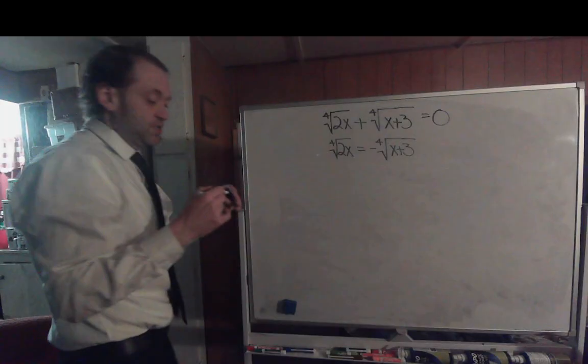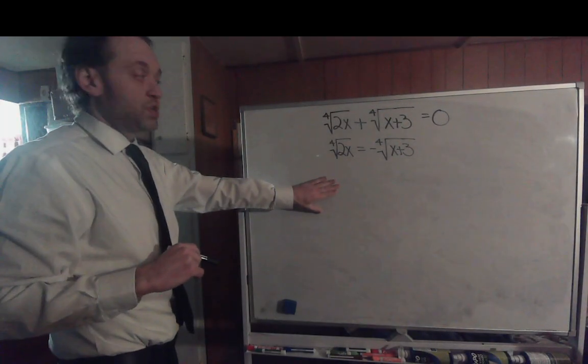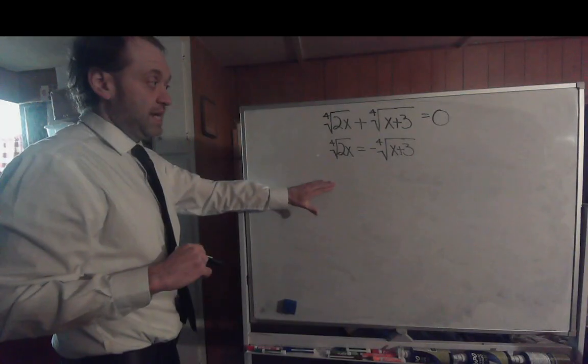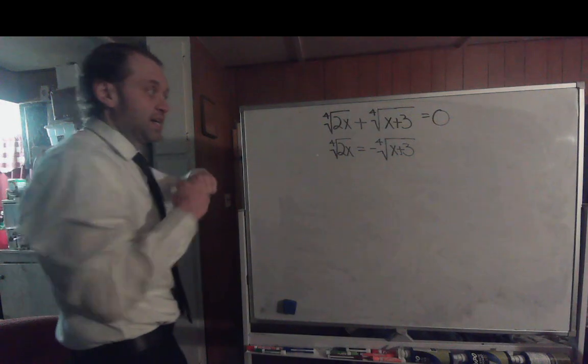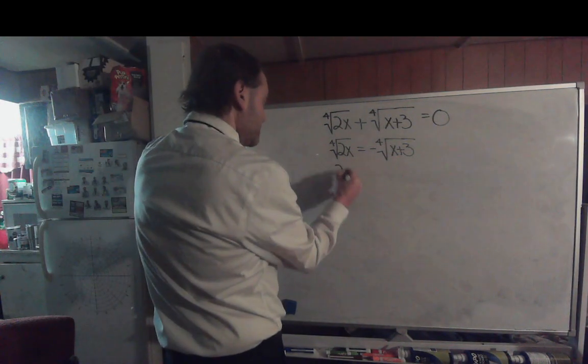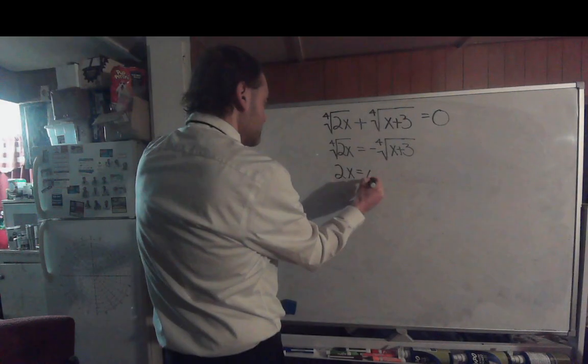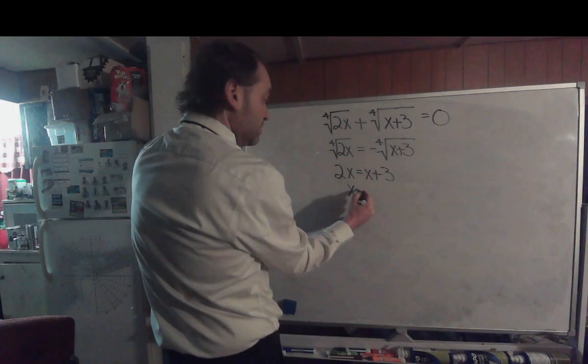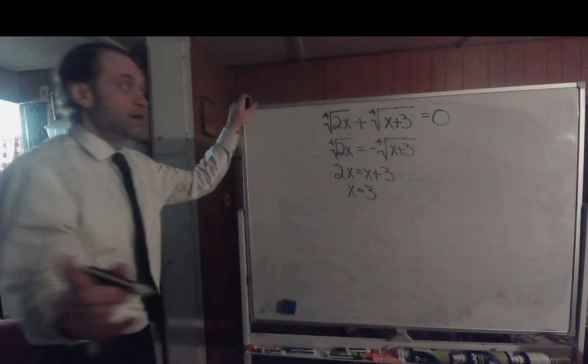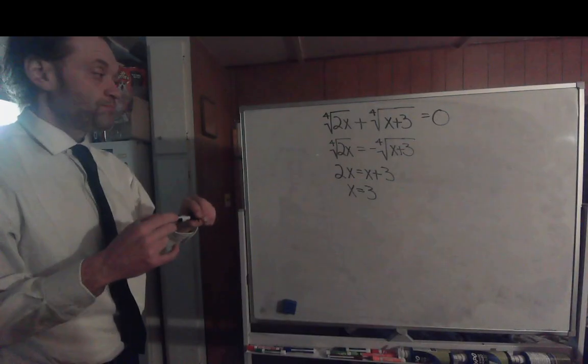Now both sides have the 4th root. Let's raise both sides to the 4th power, which would end up just giving you 2x equals x plus 3. It would give you what looks like x equals 3. But we're not done yet.